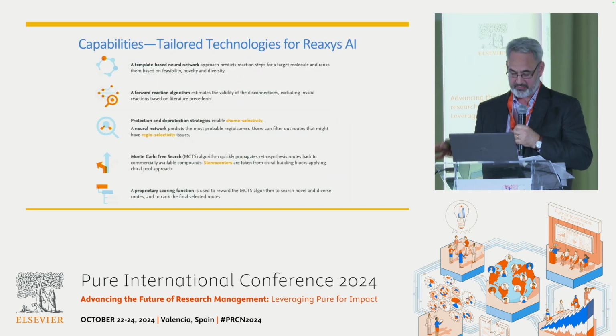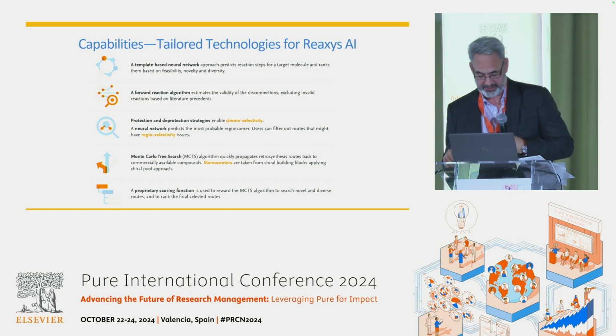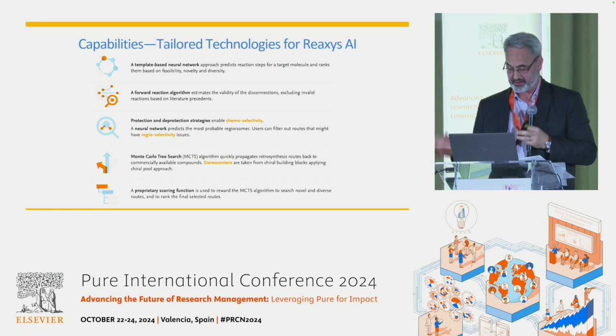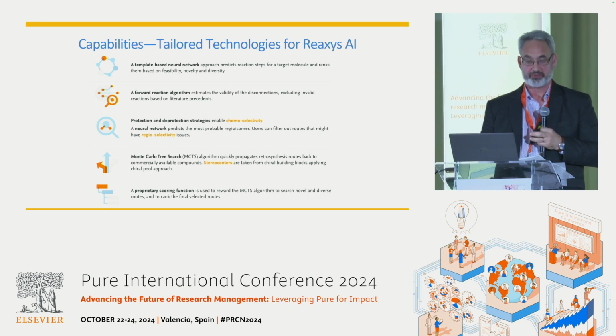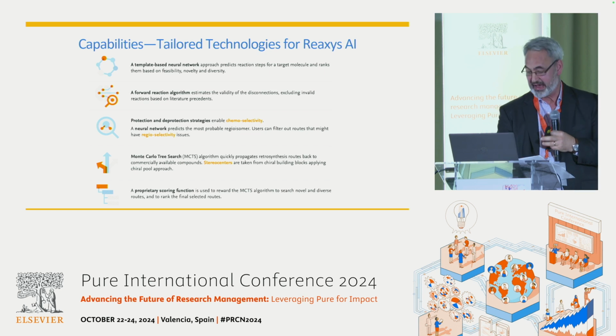Now, I mentioned Beilstein's database that eventually became Reaxys. And Reaxys is a chemistry database that we maintain and offer to our customers. It's got a wide variety of capabilities. Some are standard to any large database, but others are very specifically enabled or assisted by AI.